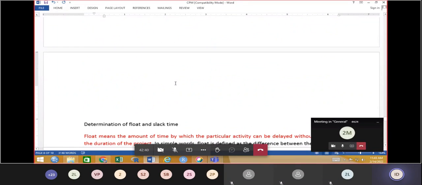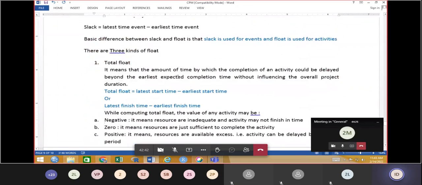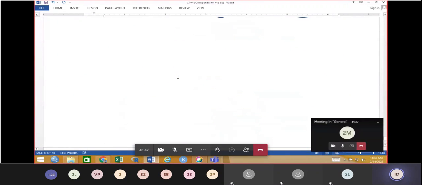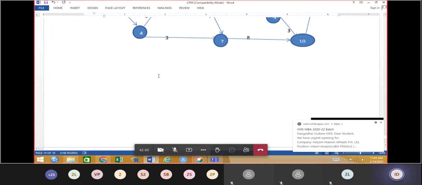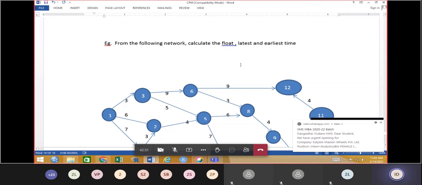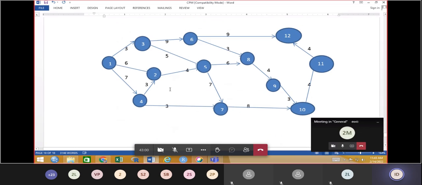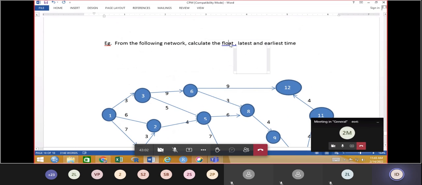Only this much theory component is available in CPM. This is the completion of CPM. You can refer to these notes to work out some more examples. After this CPM, we will start the next part.